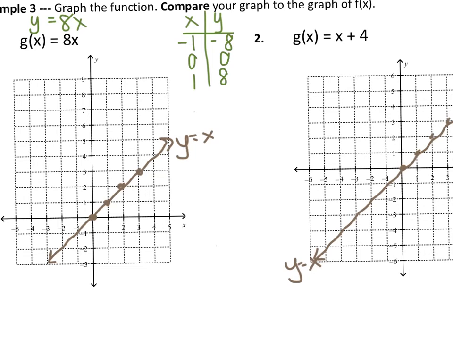And as you can see, if I'm going to plot this, my negative 1, negative 8 ordered pair is not going to fit on this graph. So I'm going to move to the next one. So I have 0, 0. And then I have a positive 1 and 8. And then again, I'm going to try my best to connect these two, see if I can find a straight edge, and create my new line.